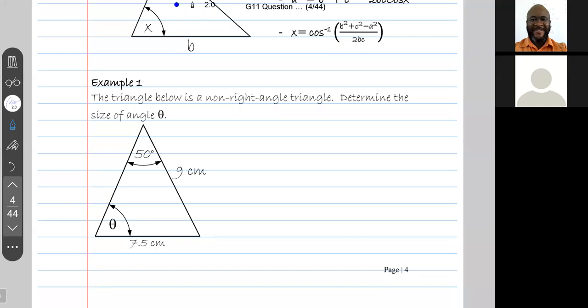Now, ladies and gentlemen, the first thing we need to do is to look at what we have, and based on what we have, determine what we're going to use to solve the problem. So here, I know the length of two sides. The length of this side is 9.